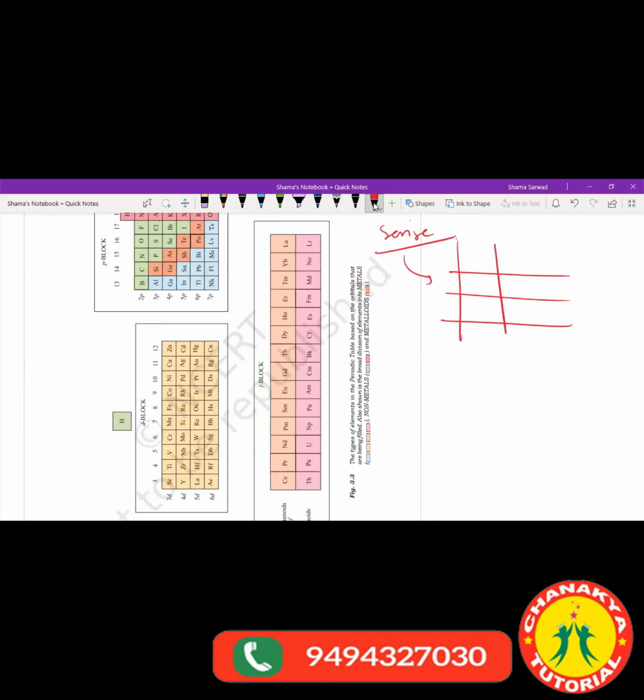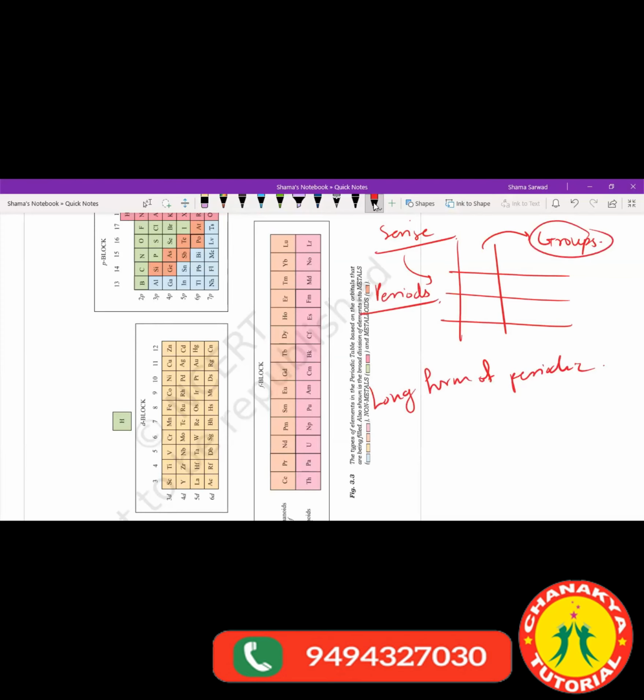And vertical columns of Mendeleev were called groups. But when we come to the long form of periodic table, the horizontal row is called what? Periods. And the vertical column is called groups, the same as in the long form.